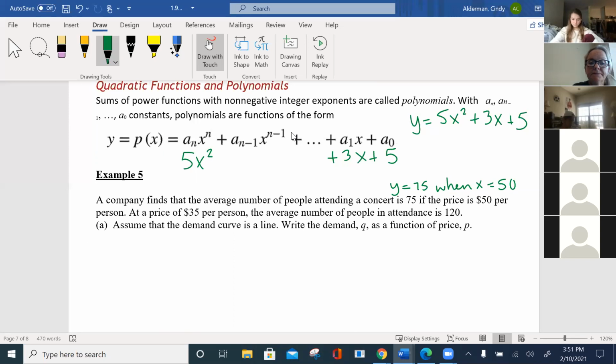Okay, so and then we've got this other situation here that at price of 35, you could say that y is 120, right? 120 when x is 35.